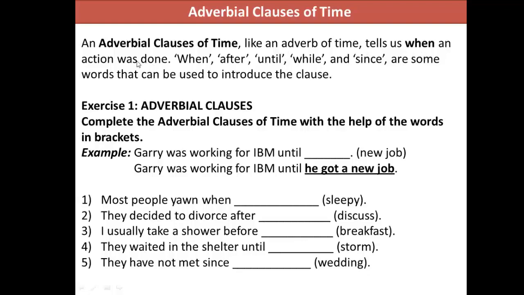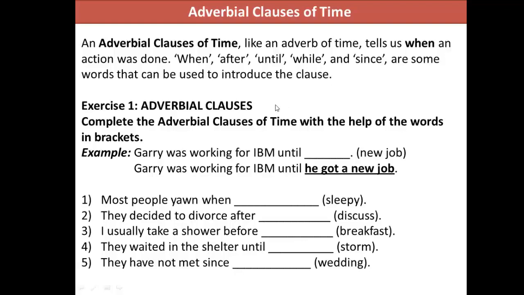And we usually use when, after, until, while, and since to introduce the clauses in the sentence. So remember, we always use when, after, until, while, since in order to introduce the clause that you want to say. Okay? So an adverbial clause of time and an adverb of time work the same in a sentence.